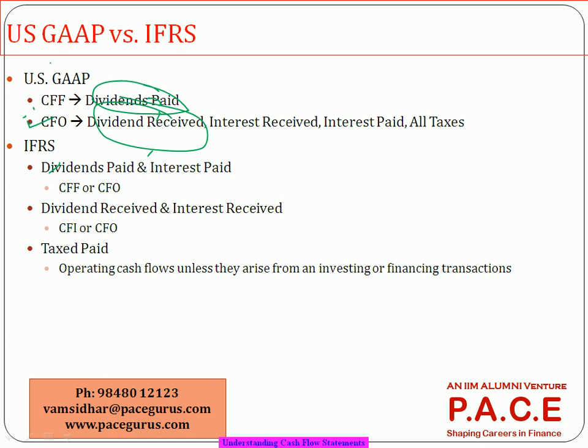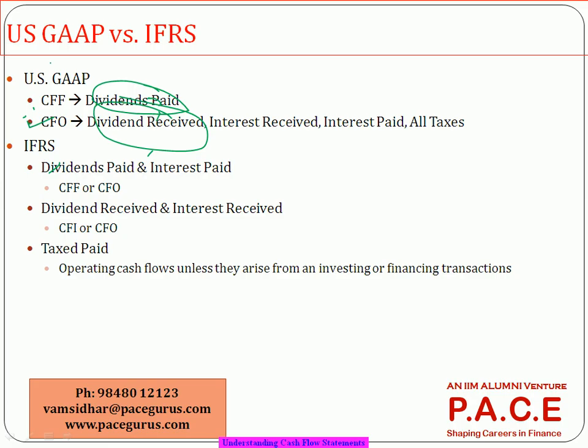All of them are treated as cash flow from operations as a part of US GAAP. Whereas the cash flow from financing talks about the dividend paid.